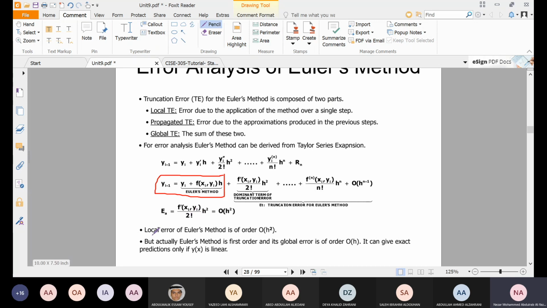So the local error in the Euler method is of order h square, and because the Euler method is a first order equation, its global error will be of order h. So the local error will give us a good estimation of the error.